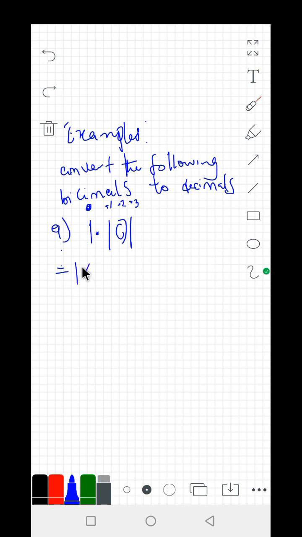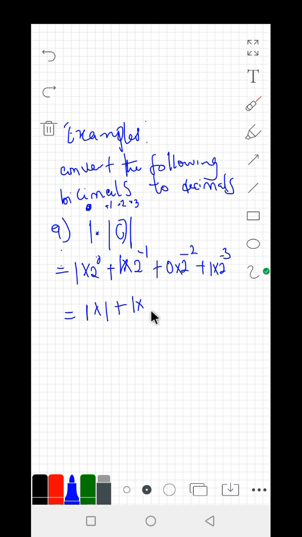equals 1 times 2 to power 0 plus 1 times 2 raised to power -1 plus 0 times 2 raised to power -2 plus 1 times 2 raised to power -3. So this will be what? 1 times any number raised to power 0 is 1 plus 1 times any number raised to power -1 is 1 divided by that number plus 0 times this will give you 0 plus 1 times 2 raised to power -3.